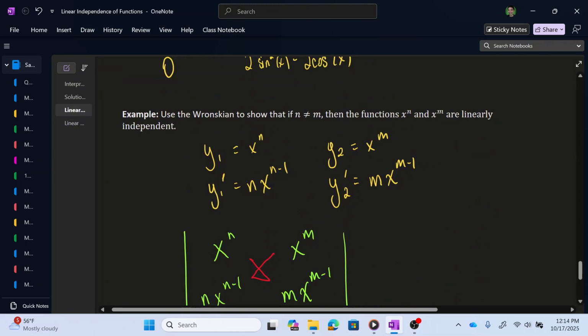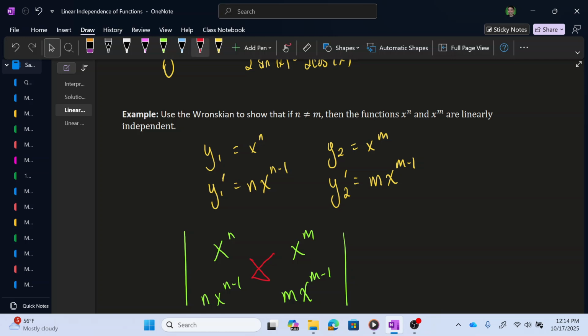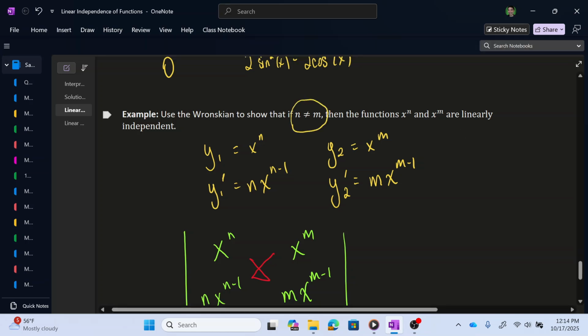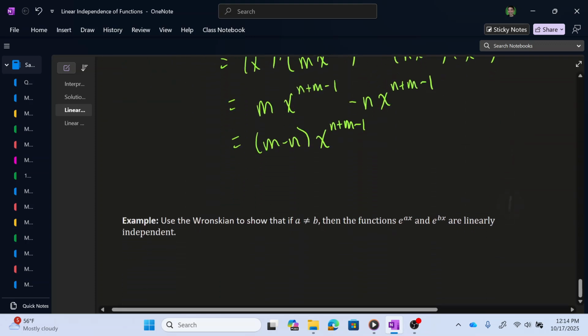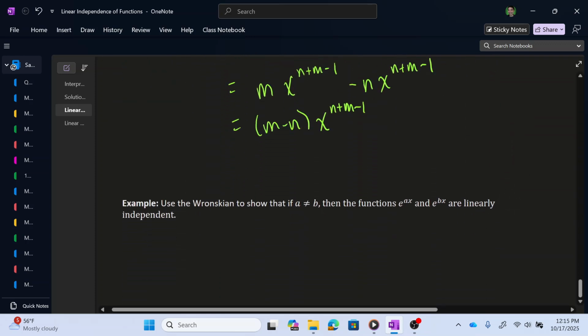Now, the key to resolving that question lies right here. They're saying to us that we should assume that the exponent called n and the exponent called m are not the same, which means that if we subtract them, as we have down here, this guy is non-zero.